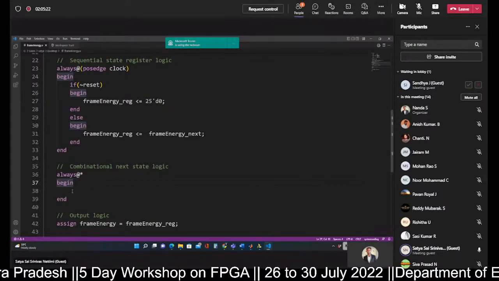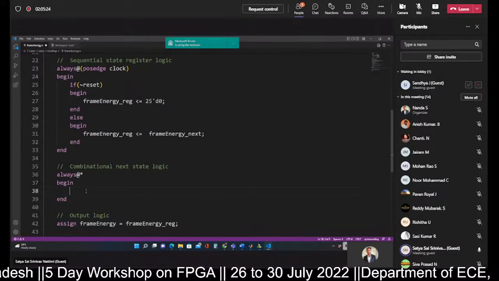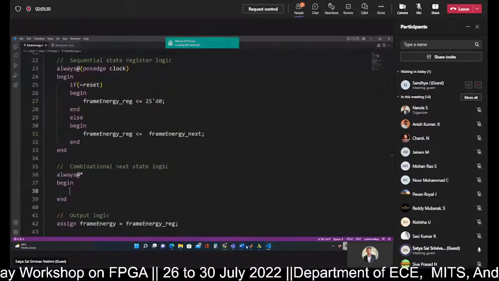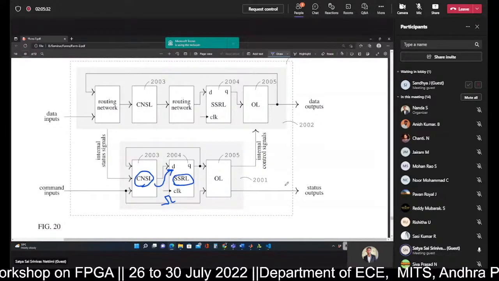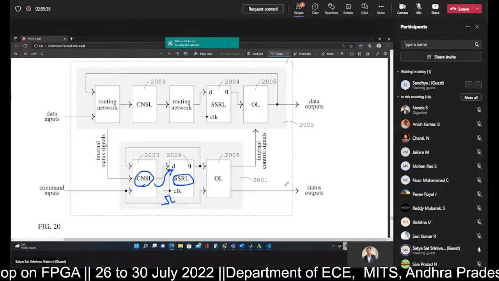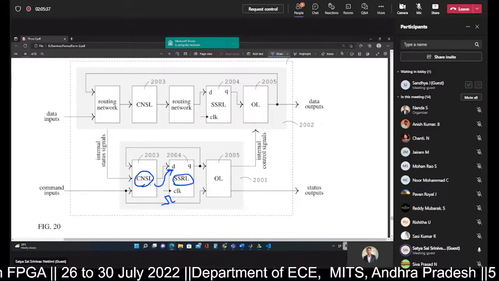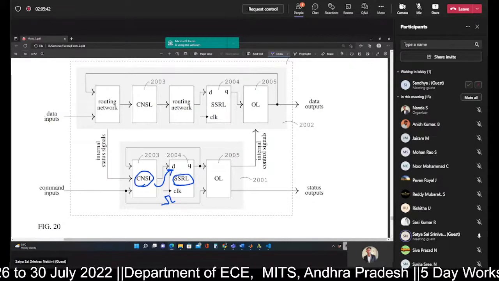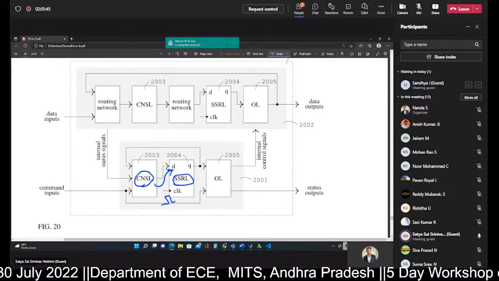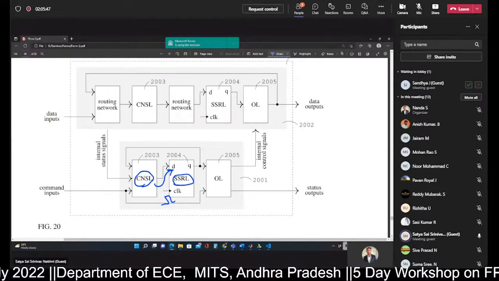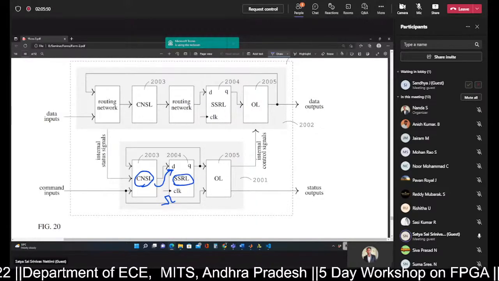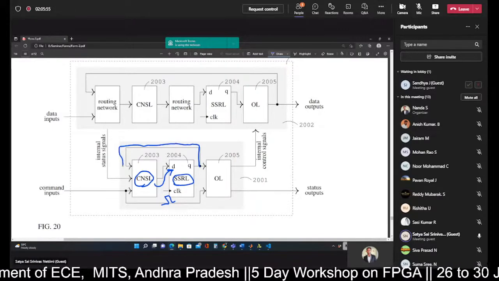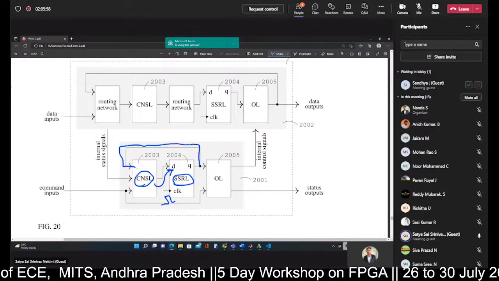And in the combinational next state logic, I said you will be writing some operations in order to update the sequential state register logic. So by default, if you are not performing any operation, whatever the value in the SSRL, that will go to the combinational next state logic.